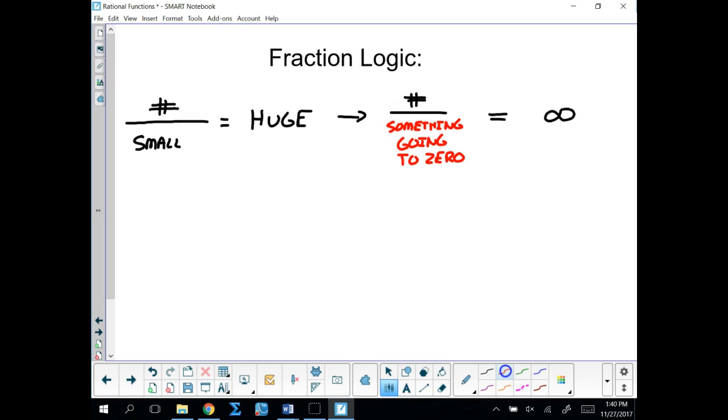The smaller your denominator gets, the bigger your result.